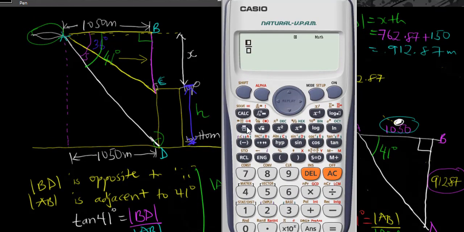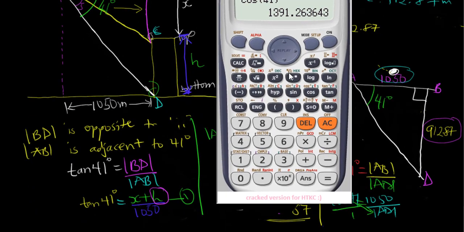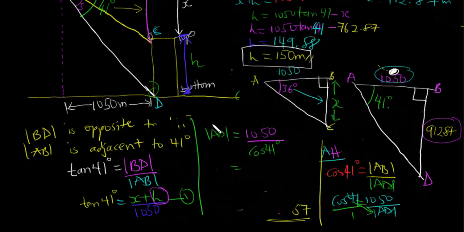So I have 1050 divided by cos 41, and I have 1391.26 meters, and I am to leave this to the nearest whole number, so that is going to be 1391 meters.